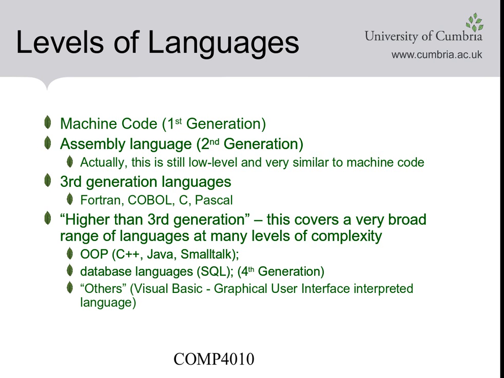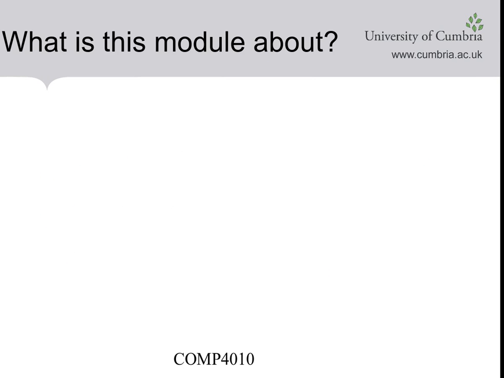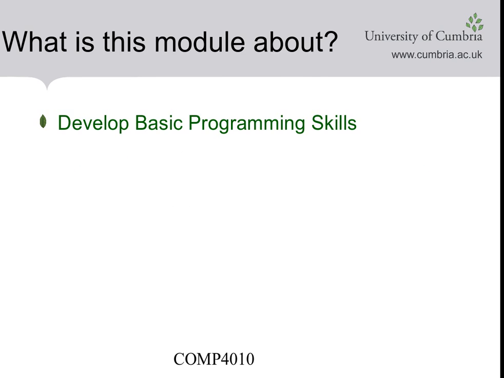And then there are others which sort of combine third generation language features like the syntax with fourth generation language tools that will help you develop something complicated like the graphical user interface. So languages like Visual Basic and modern integrated development environments that support C++ and Java would also fall into that category. So throughout the module we'll have a look at various different types of languages, amongst other things.